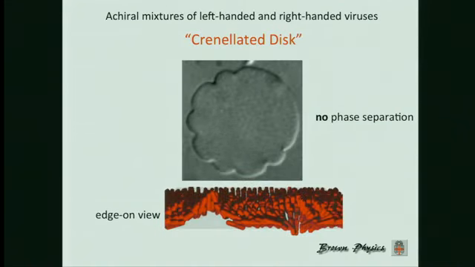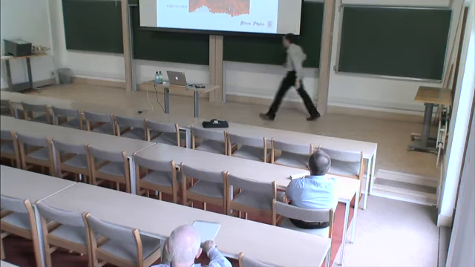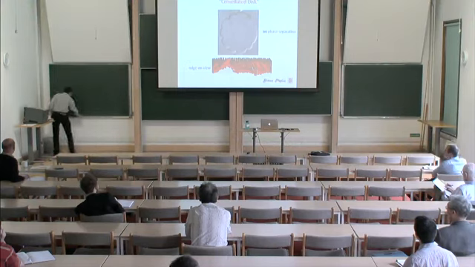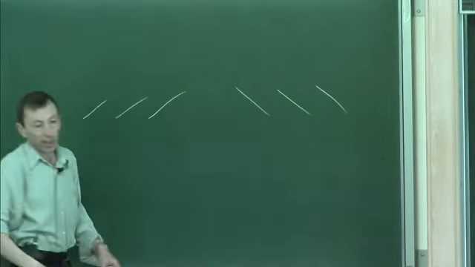But let me back up now, because I think you'll be able to make sense of this edge-on view. If you look at the rods here, and then look at the rods there, here's a cusp, here's the next cusp. You see that what's happened is we've tried to match a twist going like this with a twist going like that.